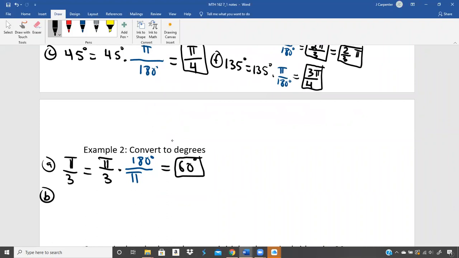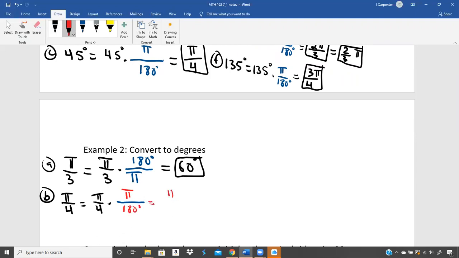Let's do as many as we did last time. Let's go with, next up, pi over 4. So we multiply by pi over 180, right? Let's show you what this would look like if you did pi over 180.